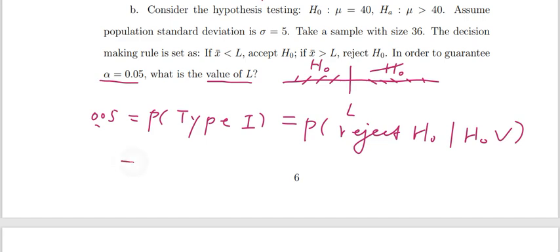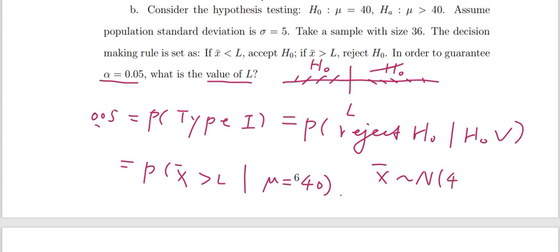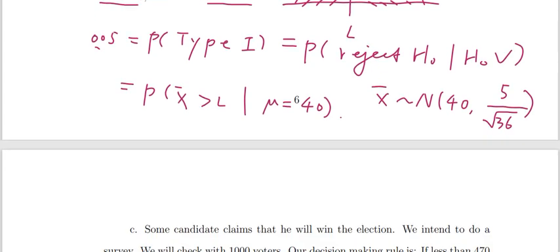So reject H0 means x bar larger than this L, when H0 is true, when mu equals 40. So when mu equals 40, we know x bar follows this normal, 40 and sigma is 5, n is 36. We want to find L such that this probability is 0.005.